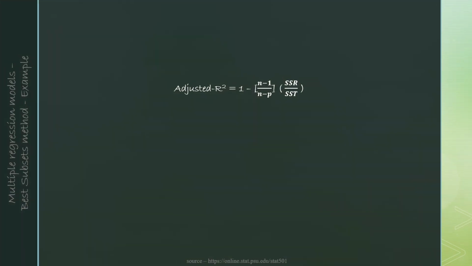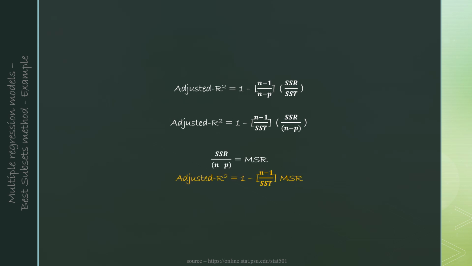With a small rearrangement in the denominator, we get adjusted R square equals 1 minus n minus 1 divided by SST multiplied by SSR divided by n minus p. Since SSR divided by n minus p equals mean residual sum of squares MSR, adjusted R square equals 1 minus n minus 1 divided by SST multiplied by MSR.